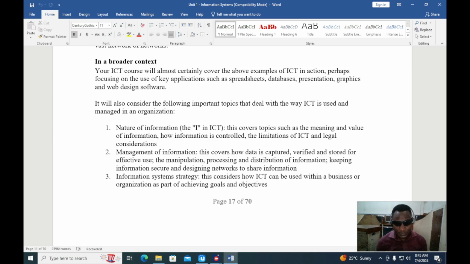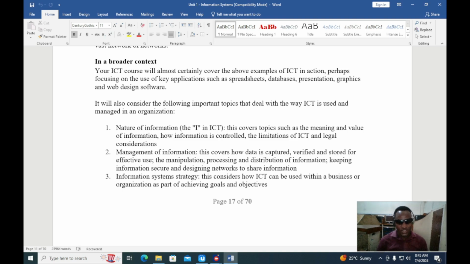Number 2, management of information. So management of information is going to look at how do we capture data, how do we verify data, how do we store data to make sure that it can be used effectively, the manipulation, the processing and distribution of information. So making sure that we are keeping information secure, we are designing networks to share information, all those topics.